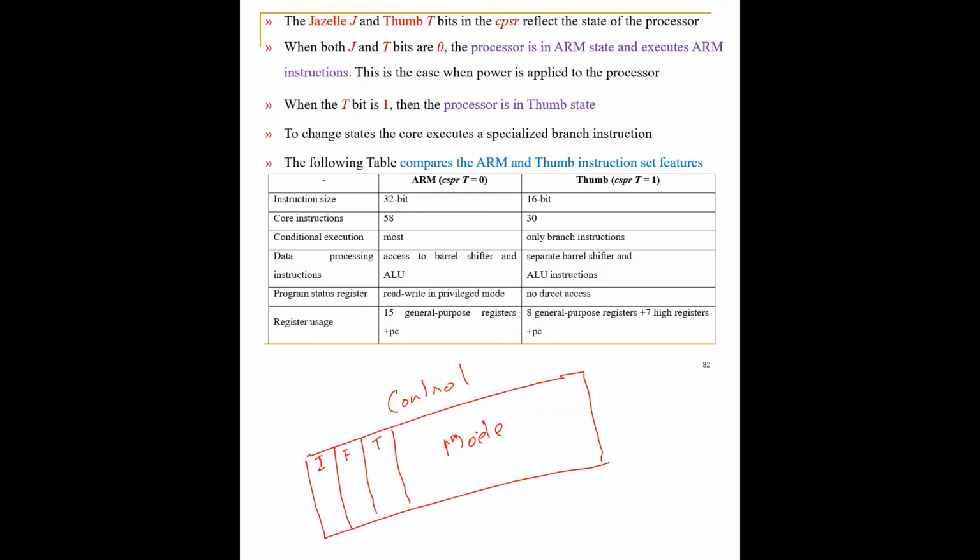Now, suppose you have written a program which is 32-bit, but you are interested in reducing those instructions to 16-bit so that your programs can get executed faster. What you need to do is make this Thumb bit 1. Once you make this Thumb bit 1, all these 32-bit instructions will become 16-bit instructions.